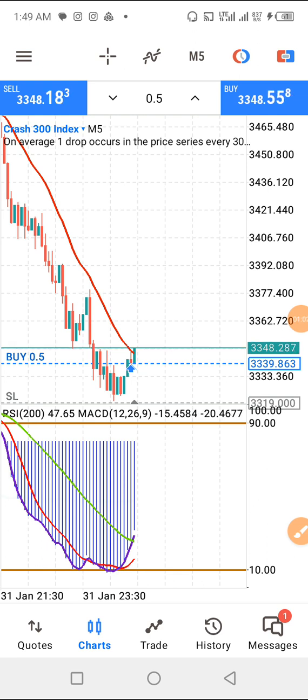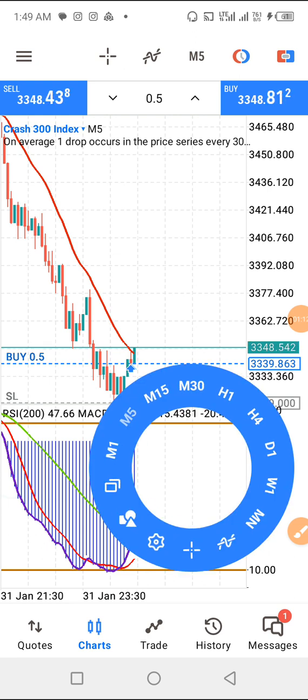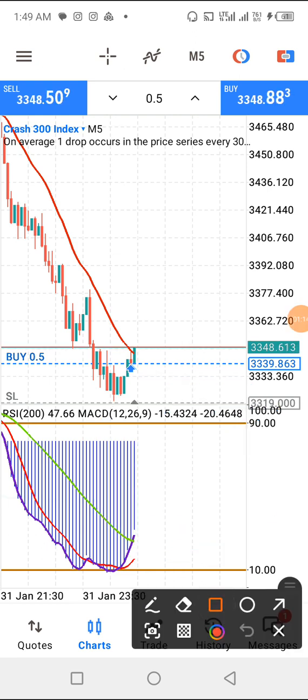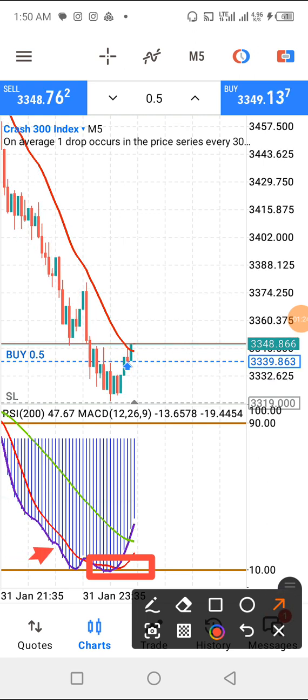You use the 5-minute time frame. That is the minimum time frame you are going to use for this. Now, the first thing is you want to see a setup like this. You want to see the blue line crossing above the red line, then that is around the level 10 axis, then also crossing above the green line.